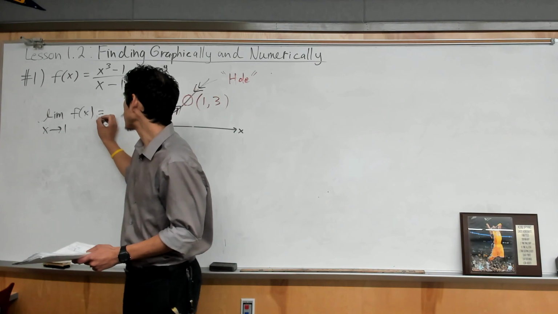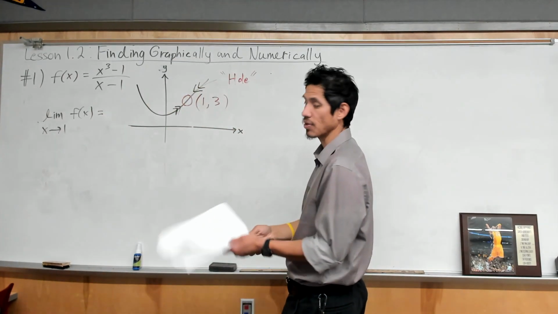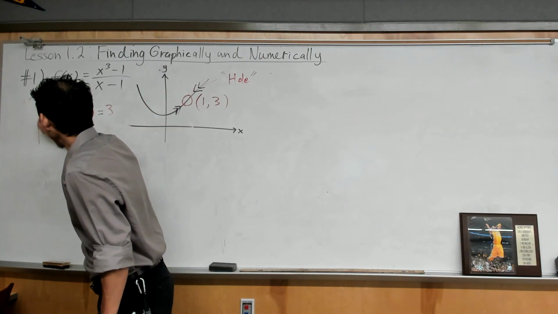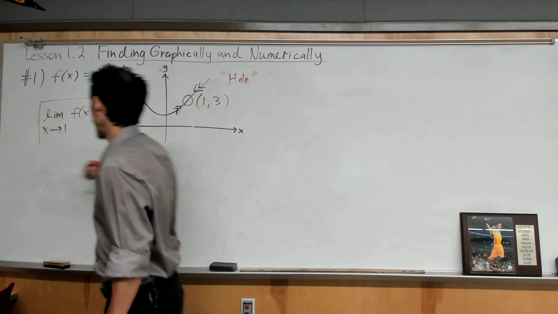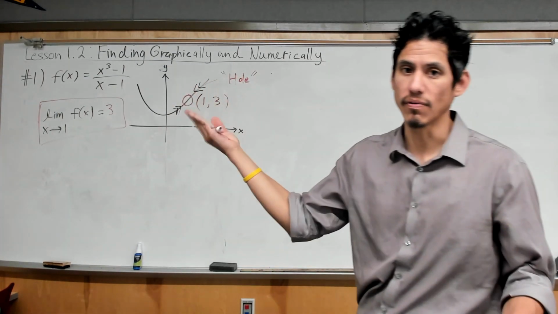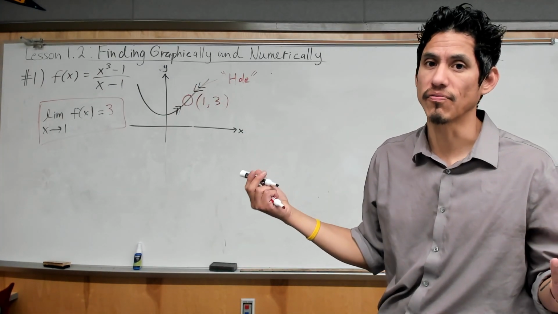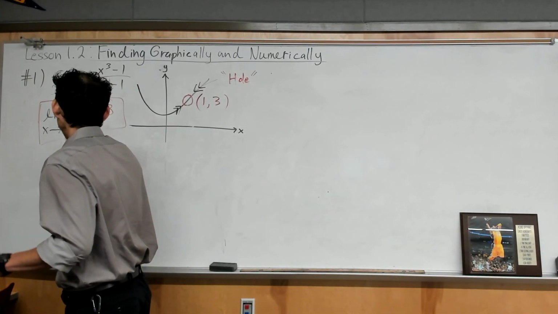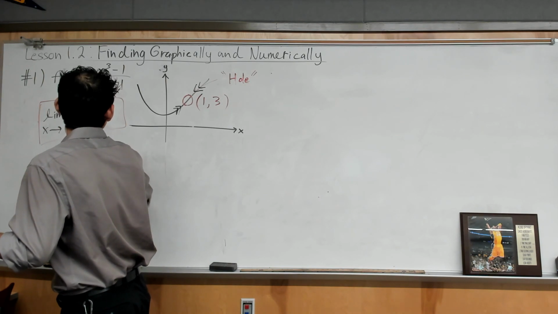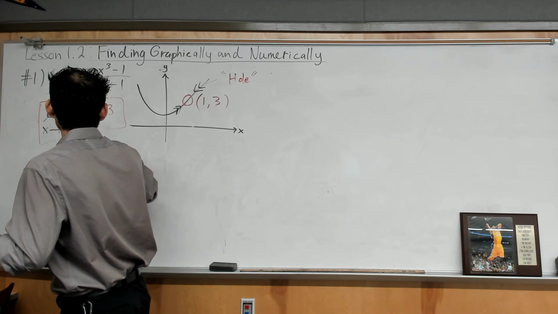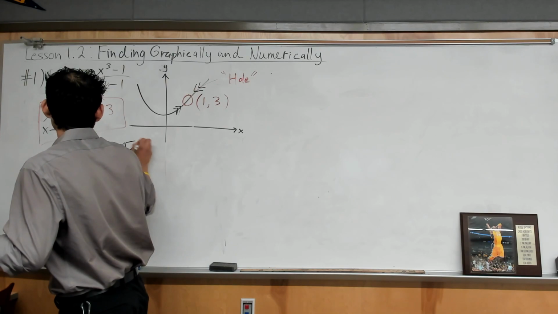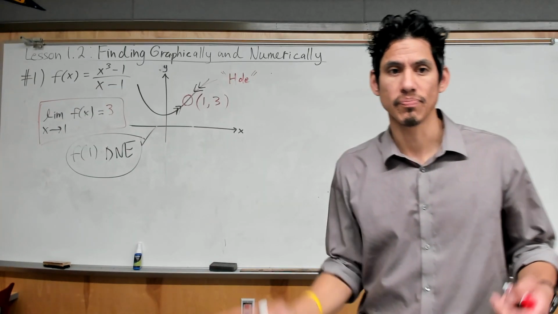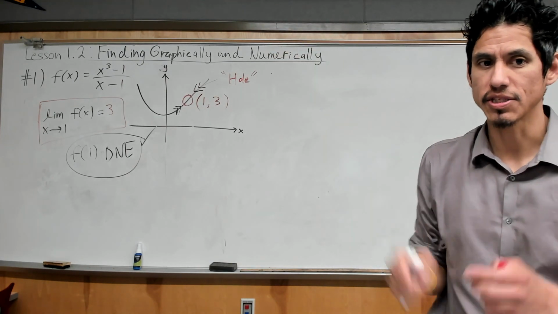This is equal to, in this case, 3. This is an example of a limit being defined where there is actually a hole on the graph, or the function is undefined. In other words, f of 1 does not exist. That doesn't mean that the limit can't exist. So that's the first concept I want to get across here.